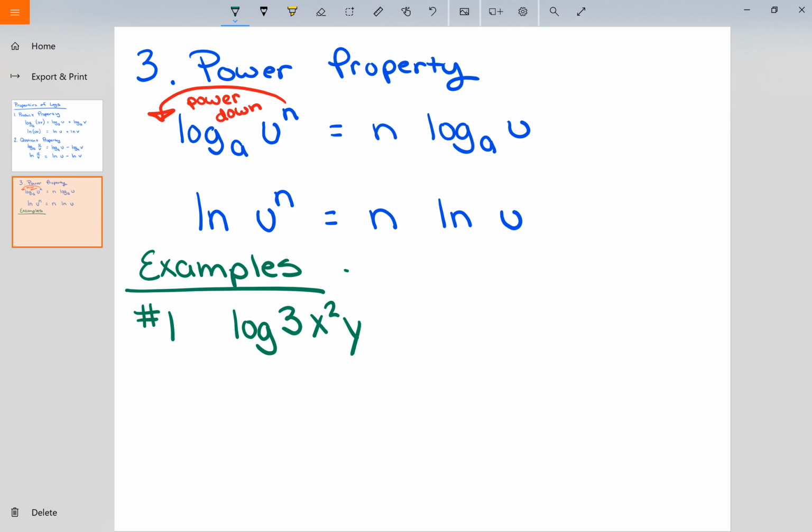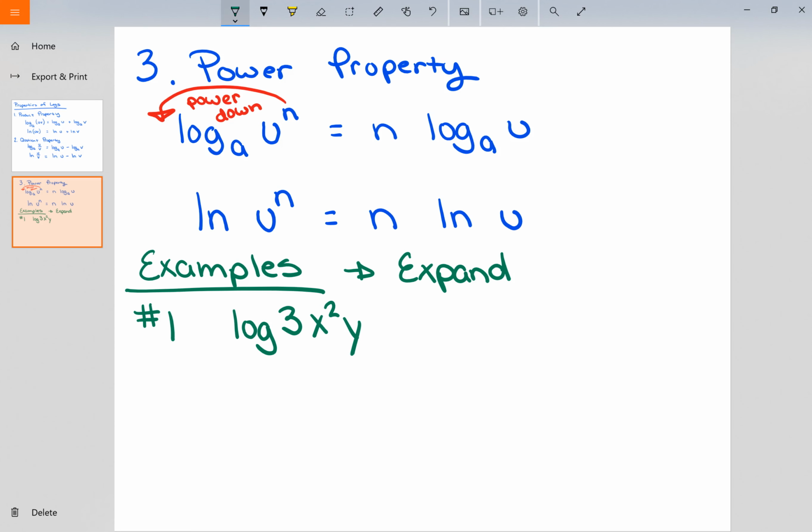So we are going to be expanding these. My first question to you would be, how is the 3, the x squared, and the y all attached? They are all attached by multiplication.